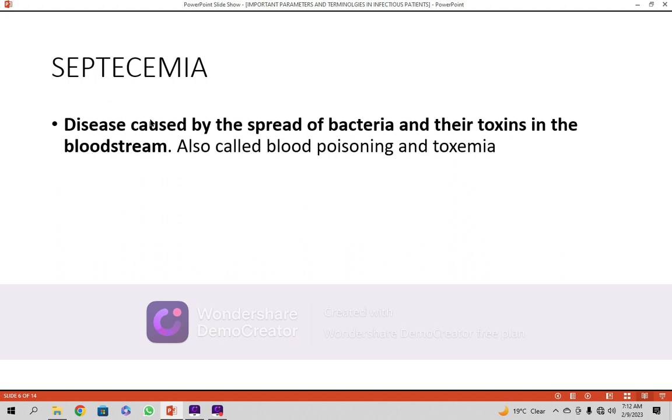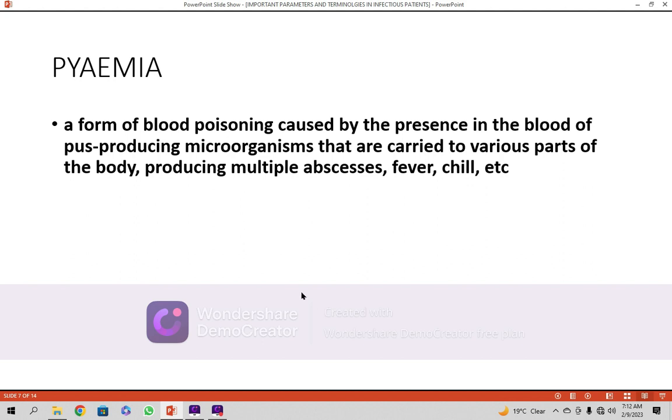Now, if these are so much more that they can cause aggregation, a sort of embolism, this is called pyemia. It means that pus-containing small particles are there.